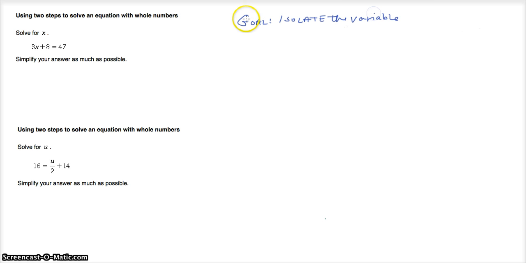And the reason these are called two-step equations is because it only takes two steps. The first step is we're going to apply the additive inverse property, which, if you recall, means to add the opposite value.